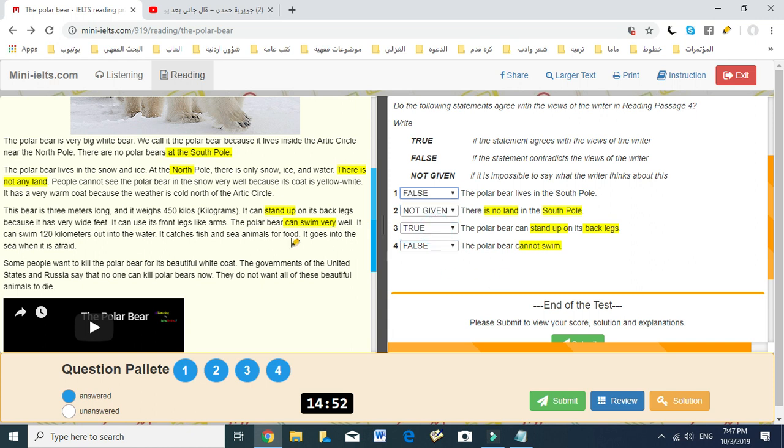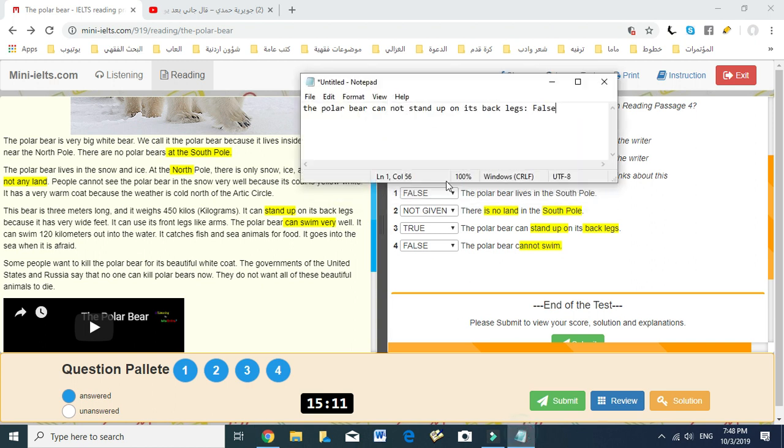Okay. How could this answer be not given? The polar bear cannot swim, if he didn't say anything about swimming. If he said, let's see, the polar bear lives near water bodies.